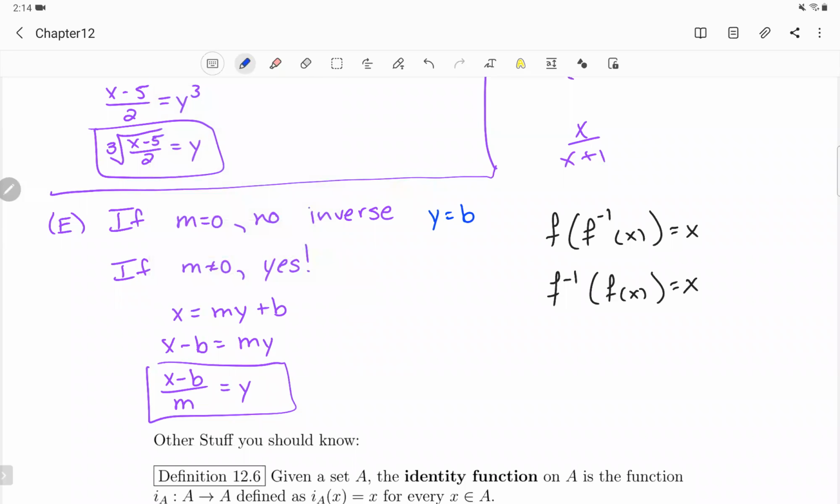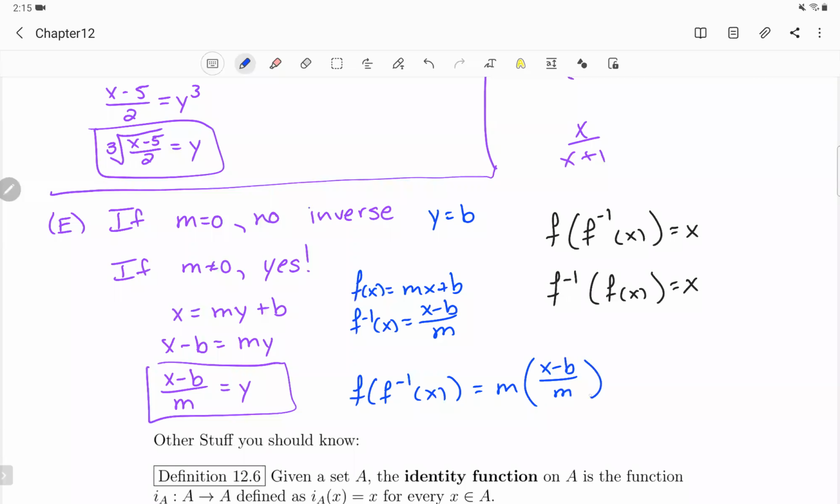So we had our f of x is mx plus b. Our f inverse is (x minus b) divided by m. So let's try. We'll just do one direction. It's just algebra. Plug the inverse into the original. We get m times (x minus b) over m plus b.